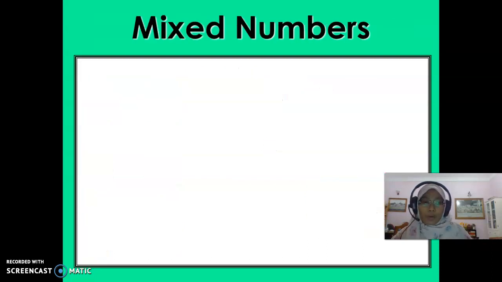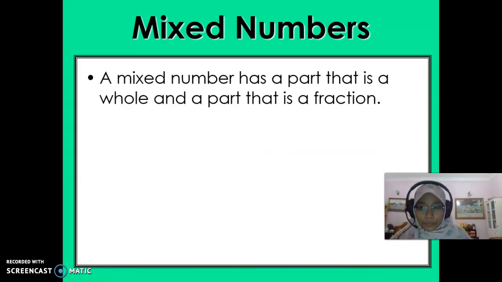Okay, now mixed numbers. Okay, mixed numbers. The definition is a mixed number has a part that is a whole and a part that is a fraction. This means it combines whole number and fraction.